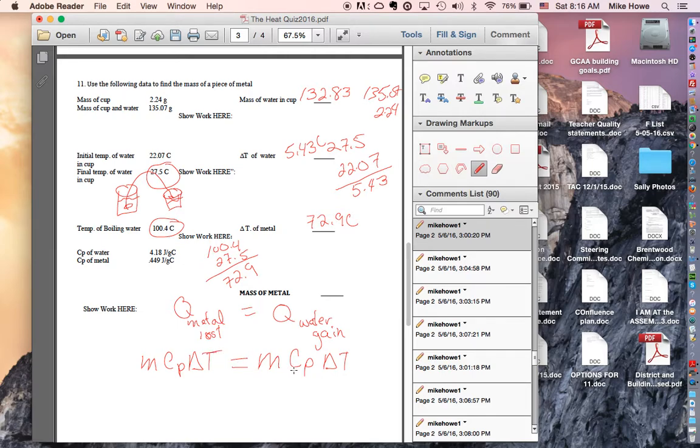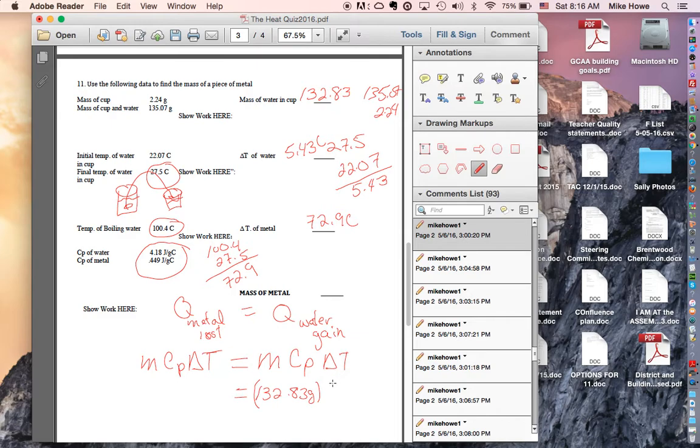Okay, for the water, this side's the water side. We know that the mass of the water was 132.83 grams because we calculated that earlier. We know that the specific heat capacity of water is given to us right here. These are the specific heat capacities for both the metal and the water.